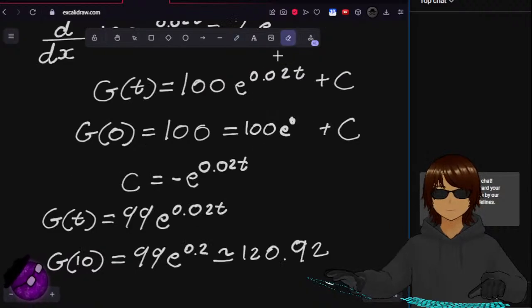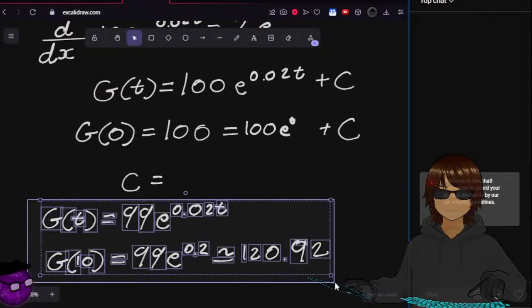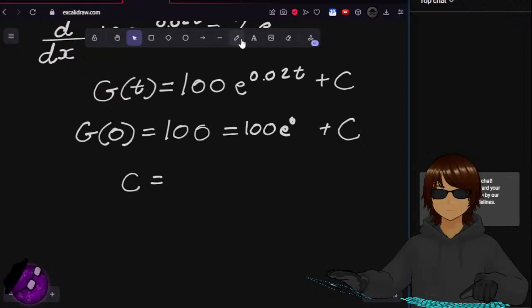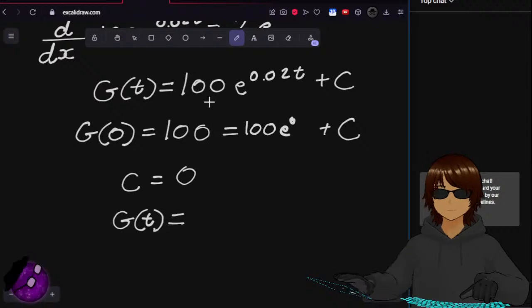So C is 0. So G(t) is just this. And then, yeah.